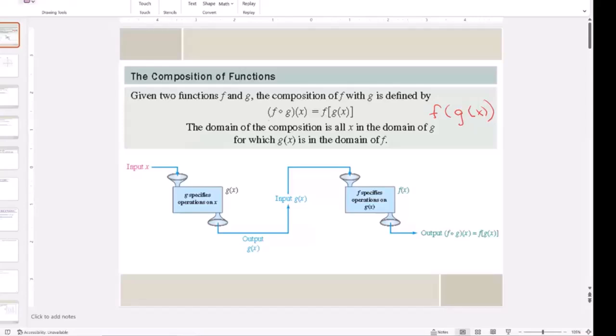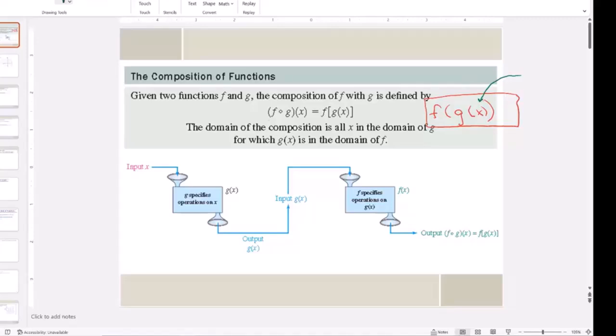First thing I'd like to do, though, is explain this picture, because I feel this picture is helpful in understanding what composition means. If I start with this composition of functions, order of operations says I always start on the most inside parentheses.